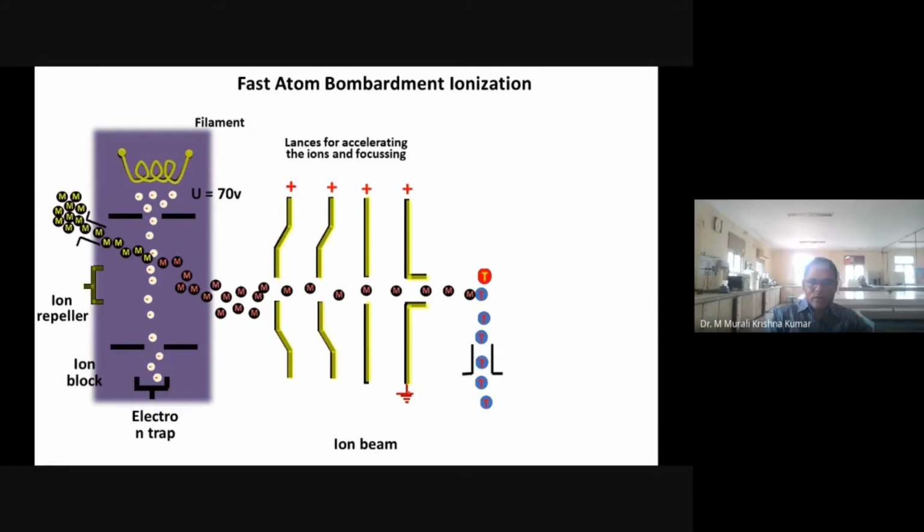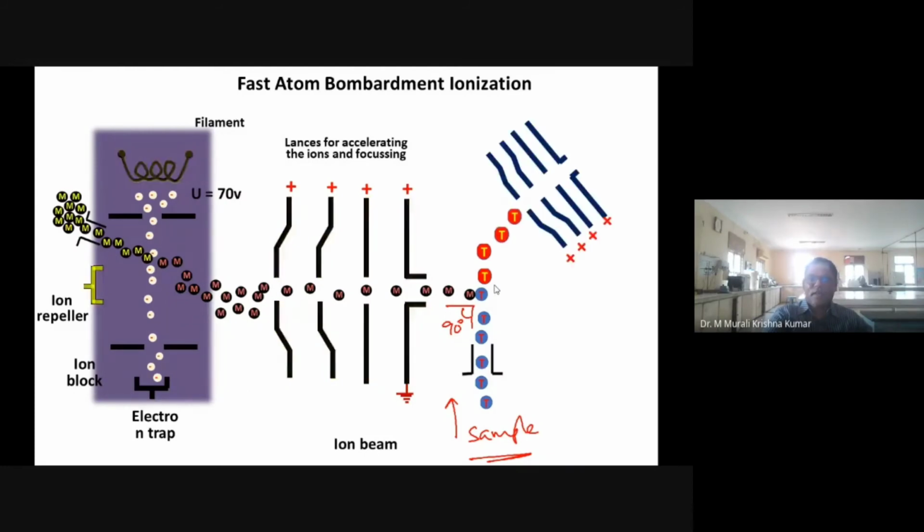This is from where we are injecting our sample, in an orthogonal direction again. The ions generated in the first phase will collide with the target compound, so that the target compound will be converted into corresponding ions. Now these ions will be sent through a second set of accelerating plates to the mass analyzer.